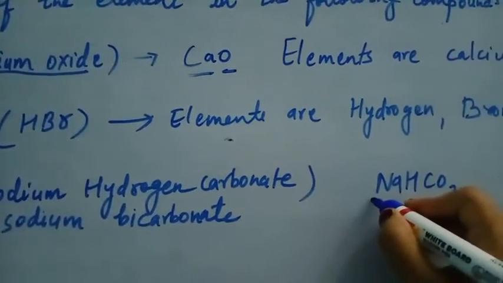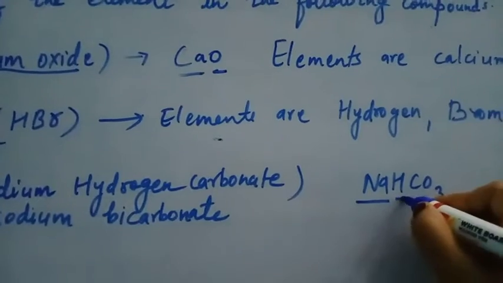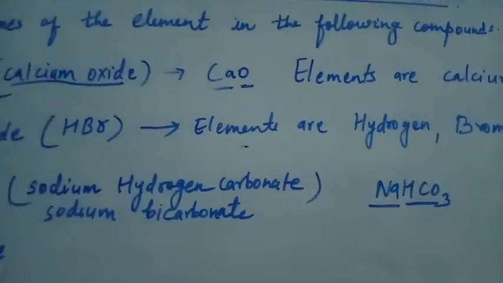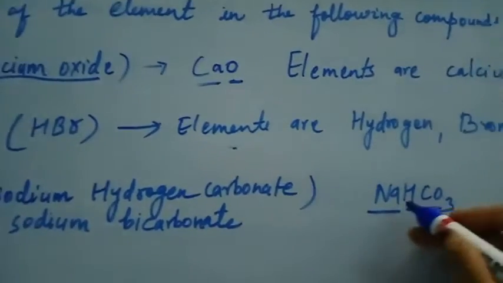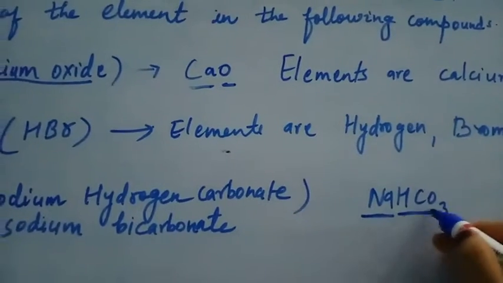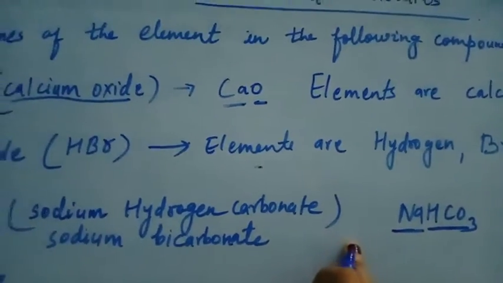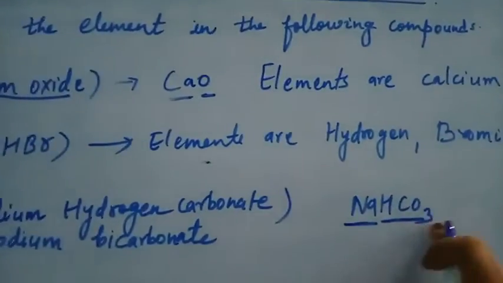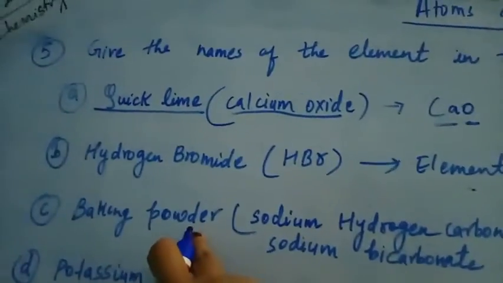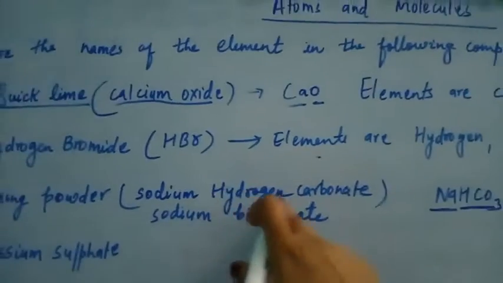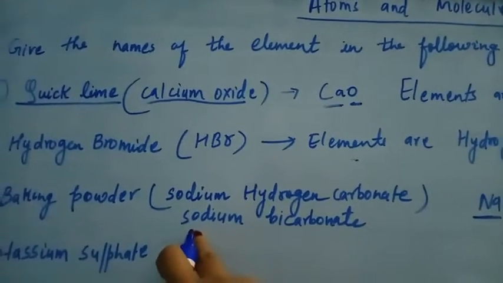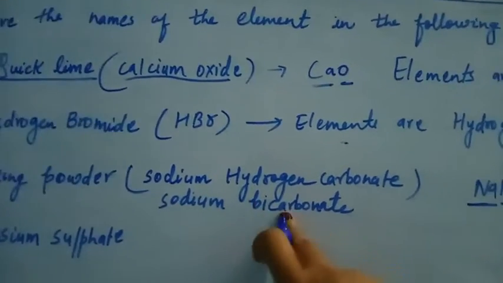So it is called sodium bicarbonate, HCO3 is called bicarbonate, or you can say sodium hydrogen carbonate. So the chemical formula of baking powder is NaHCO3. Baking powder is the common name of sodium hydrogen carbonate or the chemical compound sodium bicarbonate.